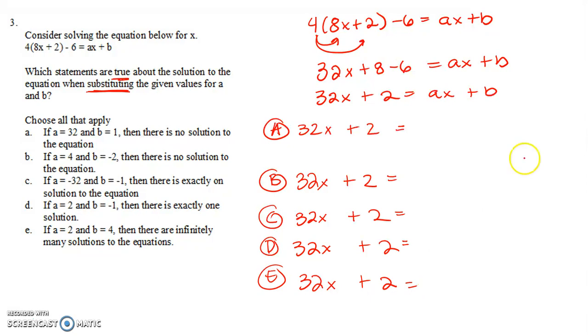Letter A is equal to 32, B is equal to 1. Okay, so are the coefficients the same? Yes. Are the constants different? Yes. Well, is it true that there's no solution to the equation? No, because you're going to have at least one solution. So A is not an option.